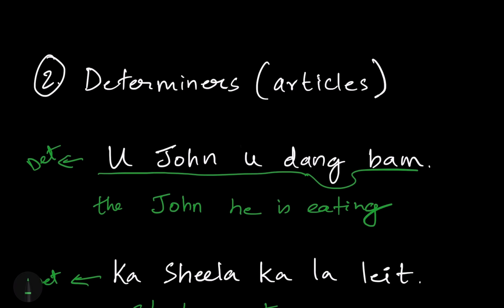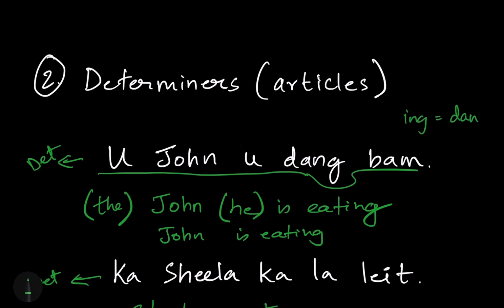We omit this and this, which finally we get John is eating. In Khasi, ing could also be taken as dang, means progressive. It is in the process, like he is still eating his food. So this would be the correct form in English, and this would be the correct form in Khasi.